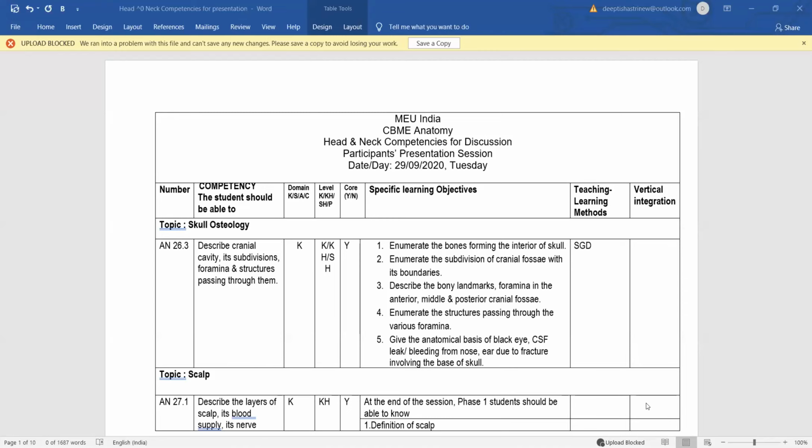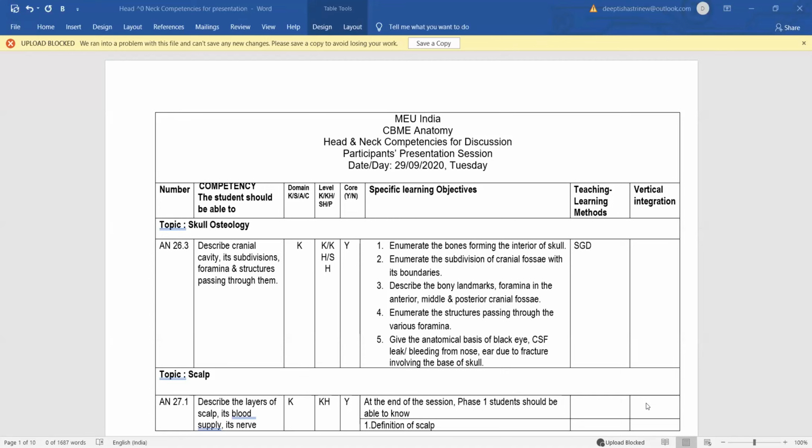What I feel is, when you are dealing with proficiency levels, personally you should look at your specific learning objective, see the content of the specific learning objective, and decide whether it is knows how or shows how, ma'am. The MCI document has given freedom to the faculty who are framing the SLOs. In a few of the competencies it has provided K or KH or SH, and it has provided four options of proficiency for us.